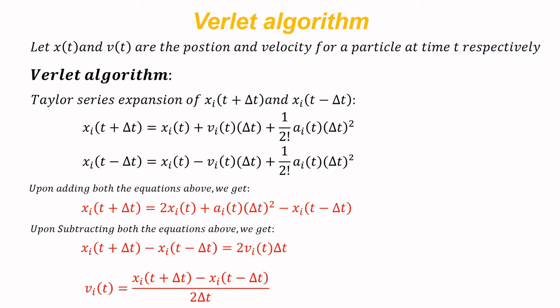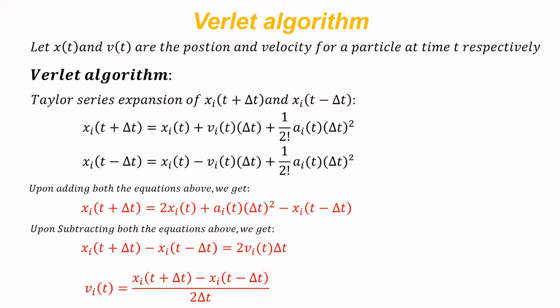So you can see here, if this is the initial position of the particle at time t, the first derivative of this position is velocity, and acceleration is the second derivative of position here. So it will be the position of the particle at time t plus delta t.